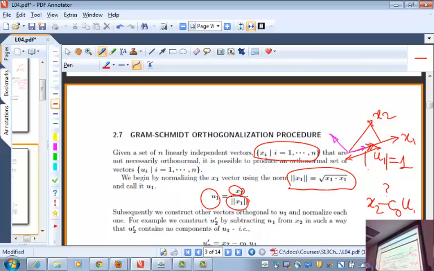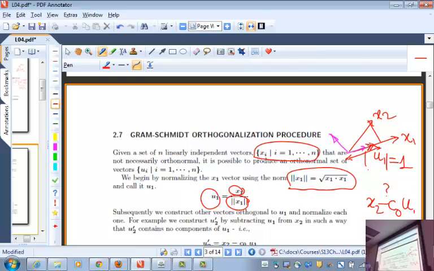Question: is c0 the distance of x2's projection to the beginning of x1, or to the end of u1? u1 is 1. That is my new scale in which I will measure. So in the units of u1, I need to go a distance of c0.